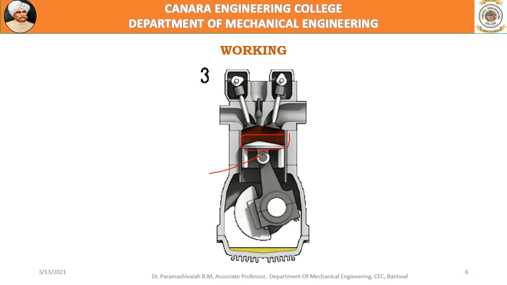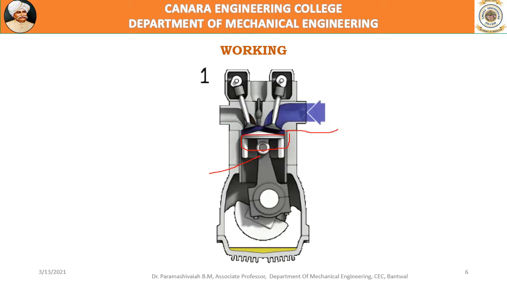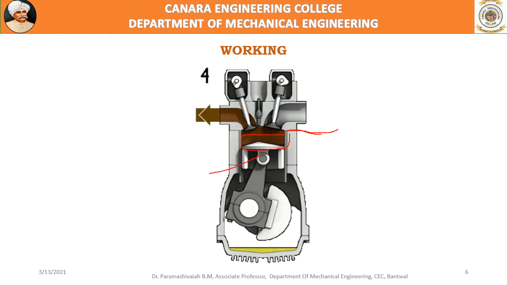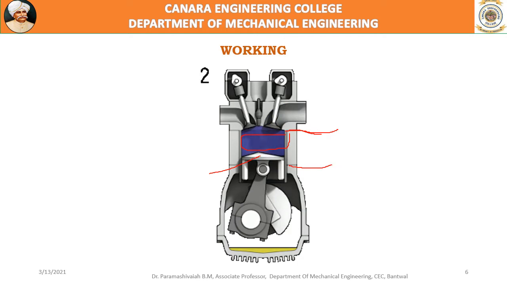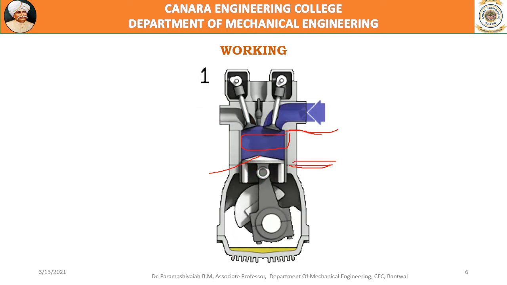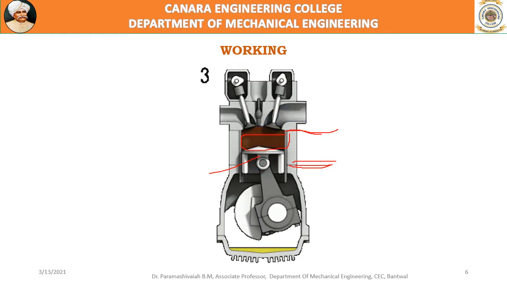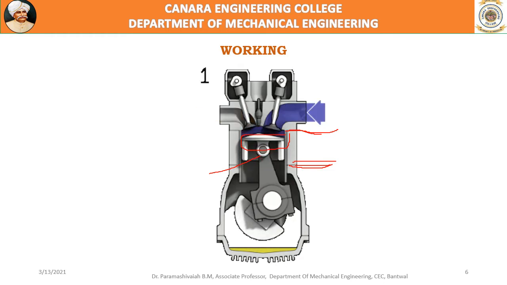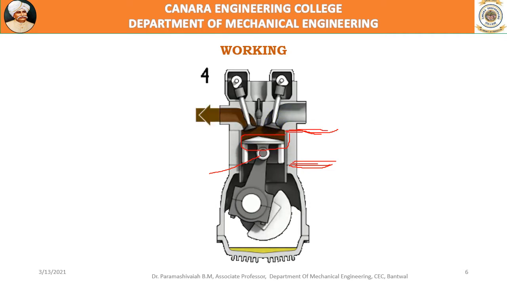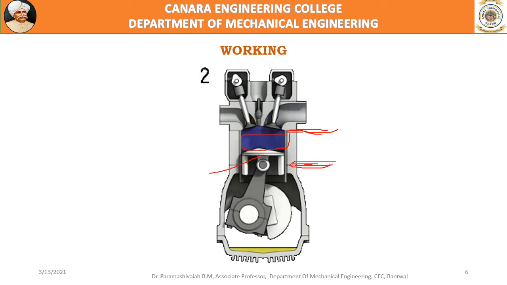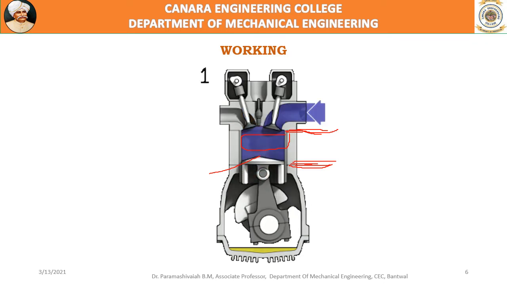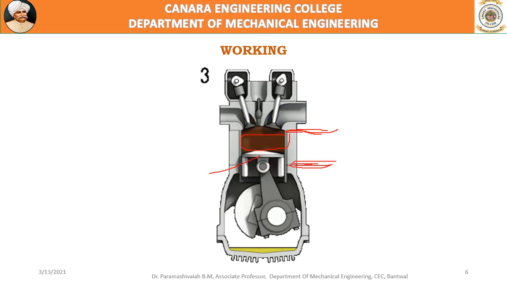The topmost point to which the piston can reach is called top dead center, and the bottommost point to which the piston can reach is called bottom dead center. And one movement of the piston from BDC to TDC, or from TDC to BDC, the one complete movement between the two ends is called one stroke.